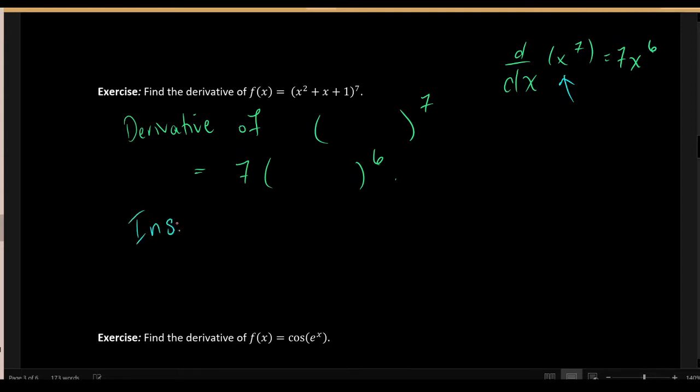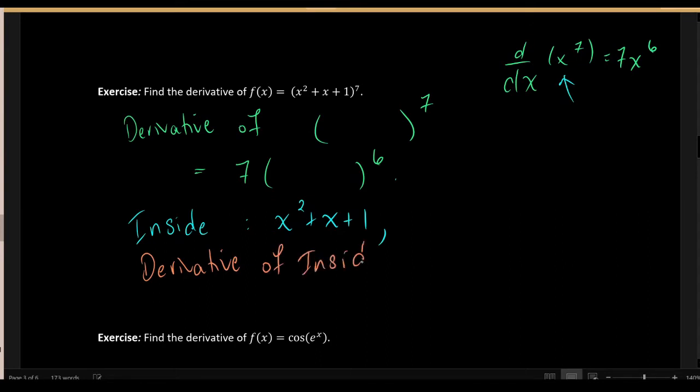So that was the derivative of the outer function. The inner function is x squared plus x plus 1, and the derivative of the inner function is just 2x plus 1.